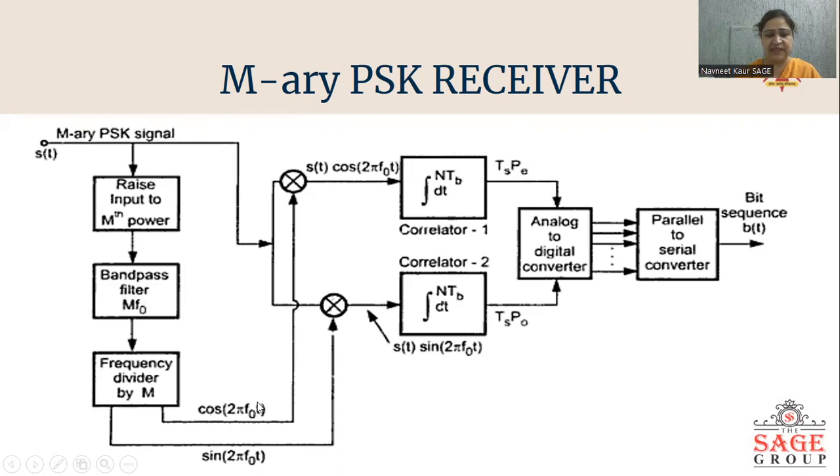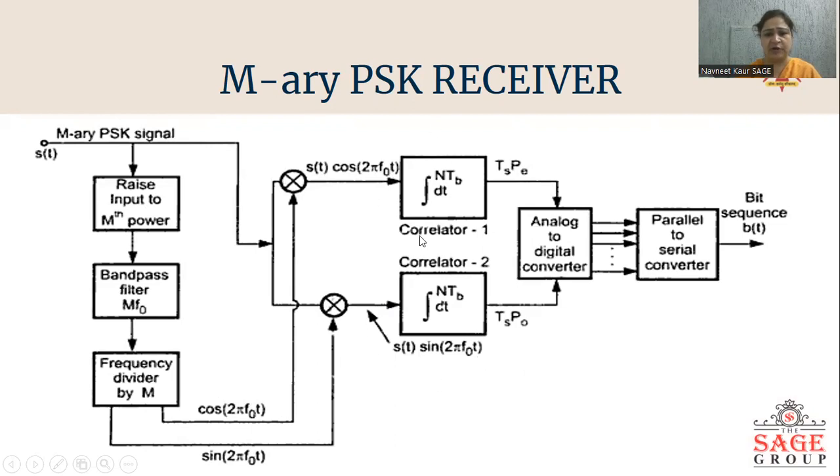So here we have 2 carriers, cos 2 pi f0 t and sine 2 pi f0 t. Now, these 2 carriers will be multiplied by the incoming PSK signal and we will get s(t) into cos 2 pi f0 t and s(t) into sine 2 pi f0 t.